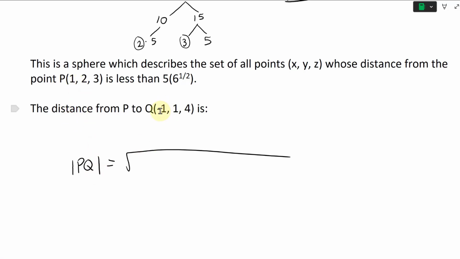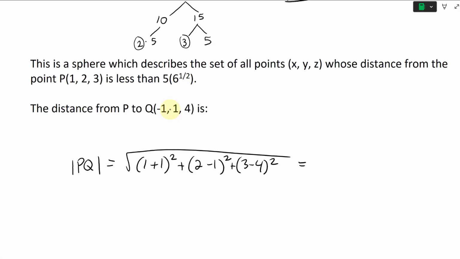So 1 minus -1 is going to be 2, squared. And then 2 minus 1, squared, and then the next one is 3 minus 4, all squared.